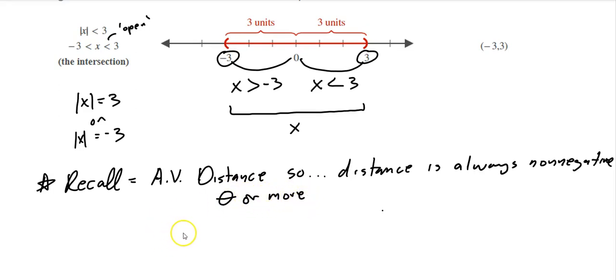So if you run into an equation that says, let's say you have the absolute value of x plus 9, I believe this is an example in your book, is less than negative 1/2. That's not possible, because you cannot have a distance that's negative.